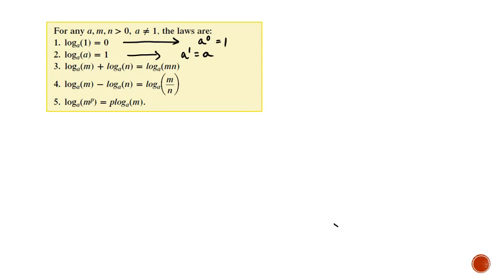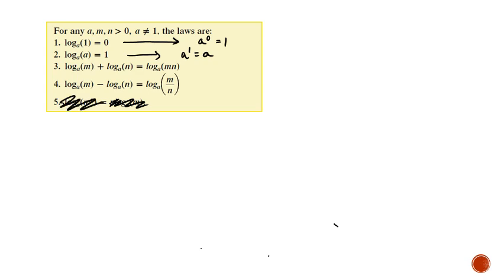Now, if you add the logs, note that the plus is outside the logs, separate to the actual logs, you get log a of m times n. If you subtract them, obviously you're doing the opposite thing, so you divide them. This looks a bit funny, so I might rewrite this law.